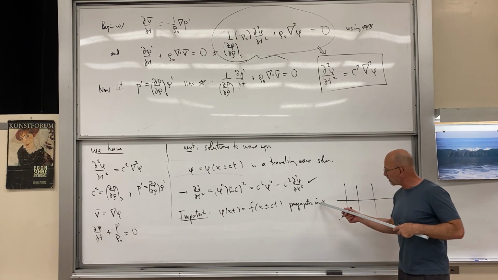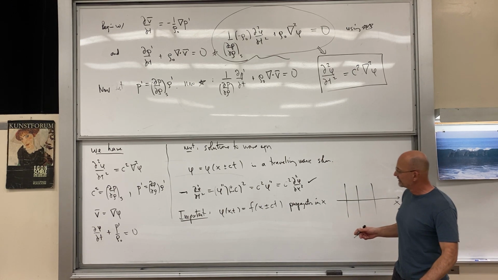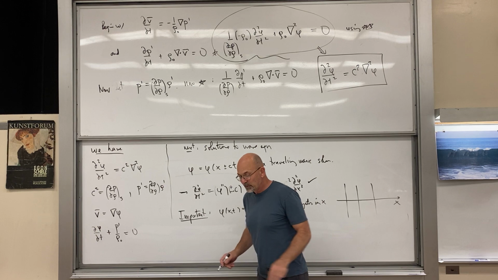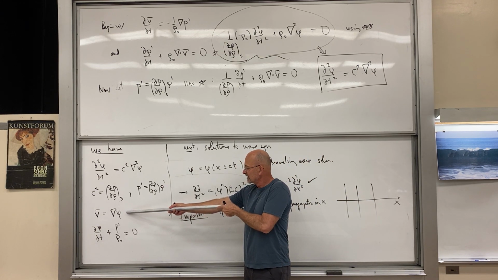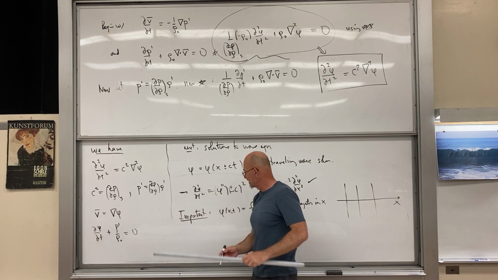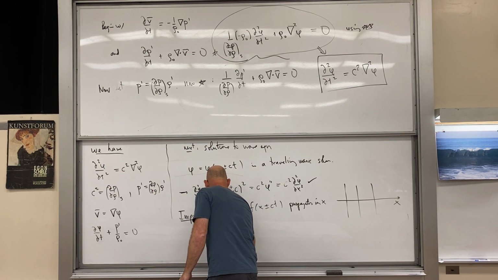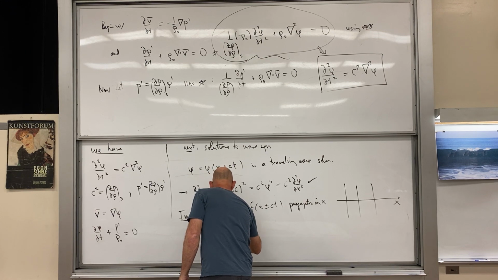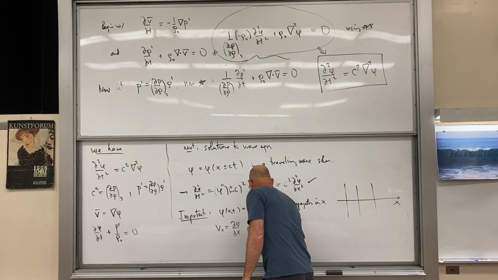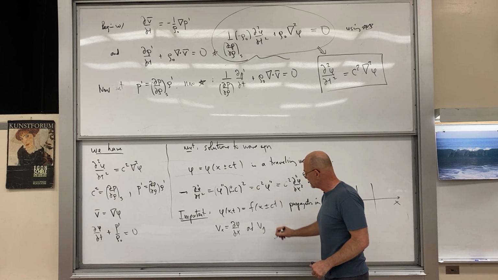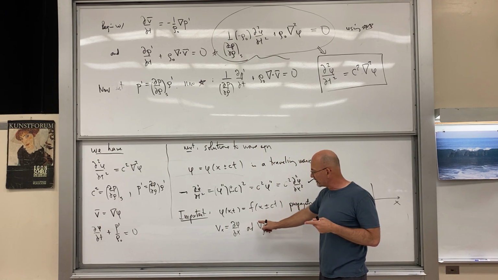But the main thing is it's propagating in the x direction, and if we go back to here, v is the gradient of phi. We have vx equals d phi dx, and vy, d phi dy is 0, right?